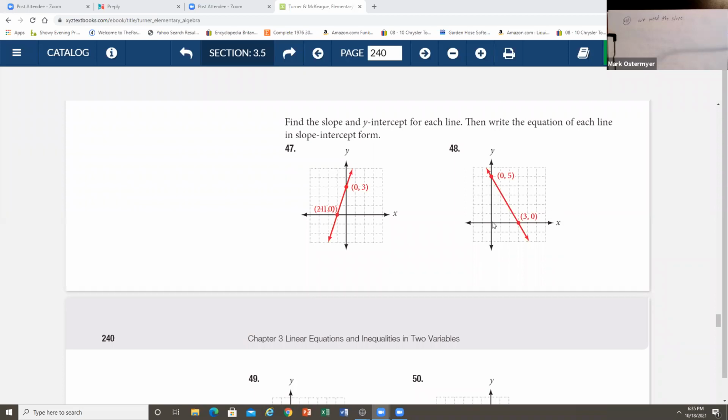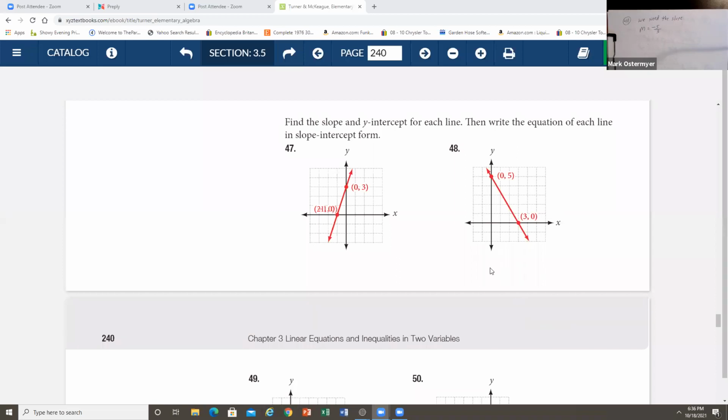The rise is -5. The run would have me moving in the positive x direction: +1, +2, +3. So what's the slope of this line? -5 over +3. -5/3 would be your slope. So the slope of that line would be -5/3.